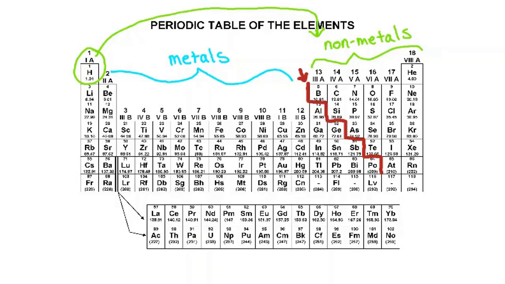Now, why do we need to know that? We need to know that because of the two major types of compounds that are formed between all these elements. One type of compound is called an ionic bond, and an ionic bond is going to be made up of one metal and one nonmetal.